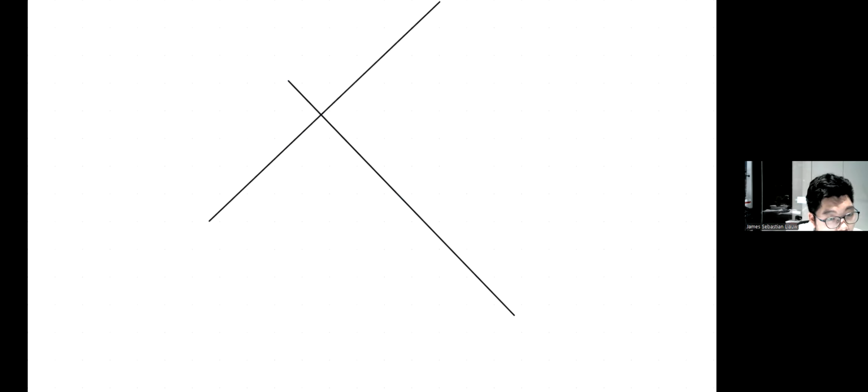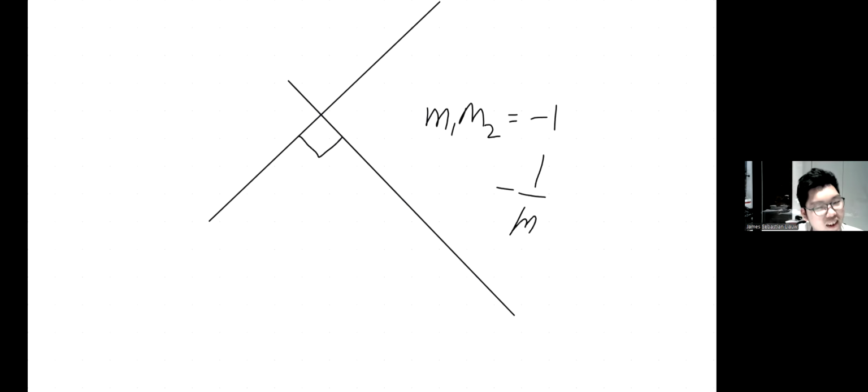The whole idea behind it is that the second line that is perpendicular to the first, when the gradients of both lines are multiplied together, you get -1. So basically, you just have to find the negative reciprocal of your original gradient to find your perpendicular gradient.